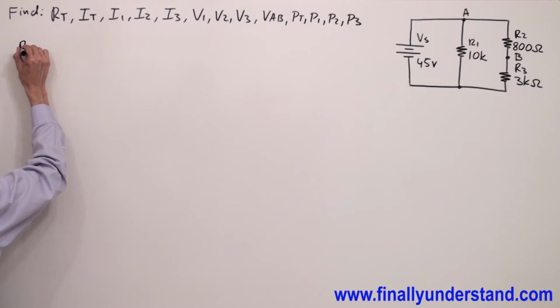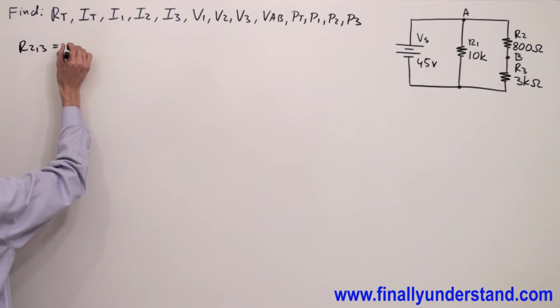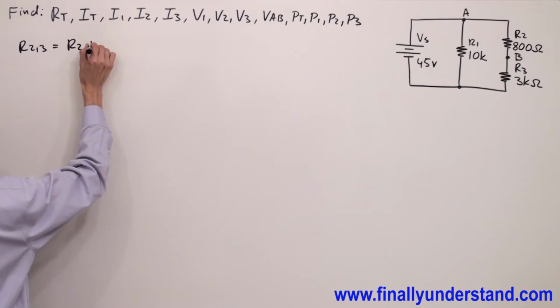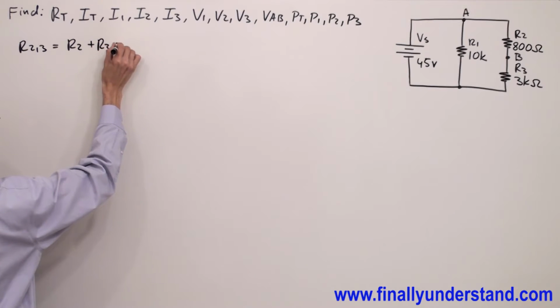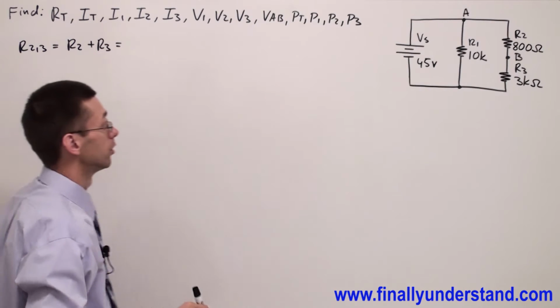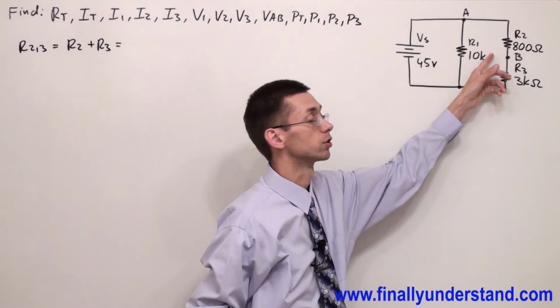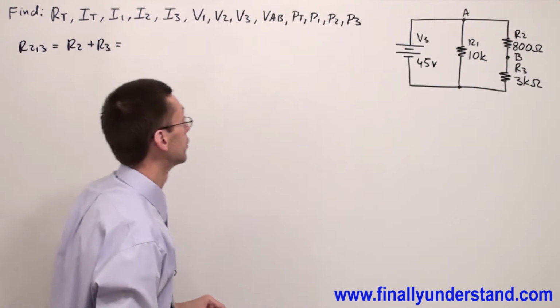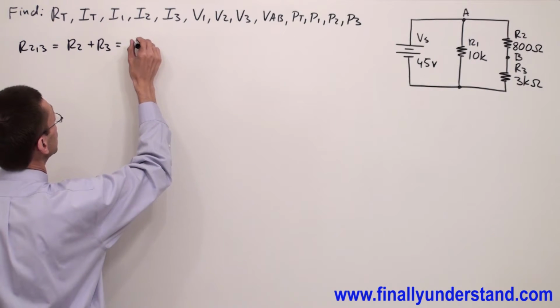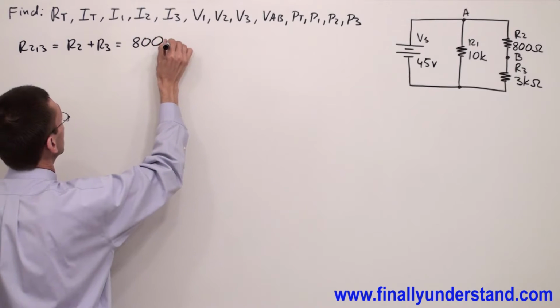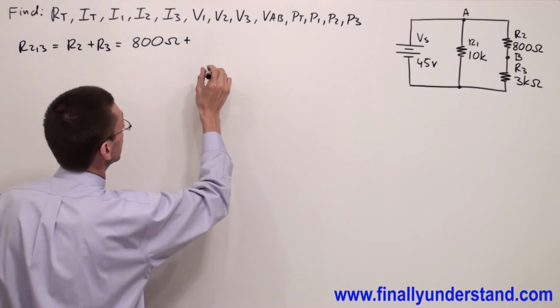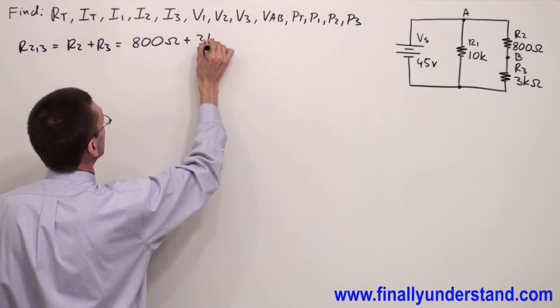So I have R23 is equal to R2 plus R3. I have to add them up because both of them are in series. So I have 800 ohms plus 3 kilo ohms.